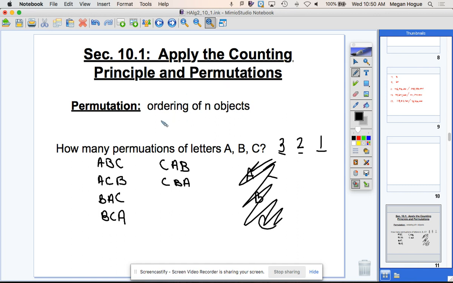So if I had 7 things that I wanted to order, so if I had 7 people in my preschool class and I wanted to line them up at the door, what would I multiply? I want to know how many different ways I could line them up.